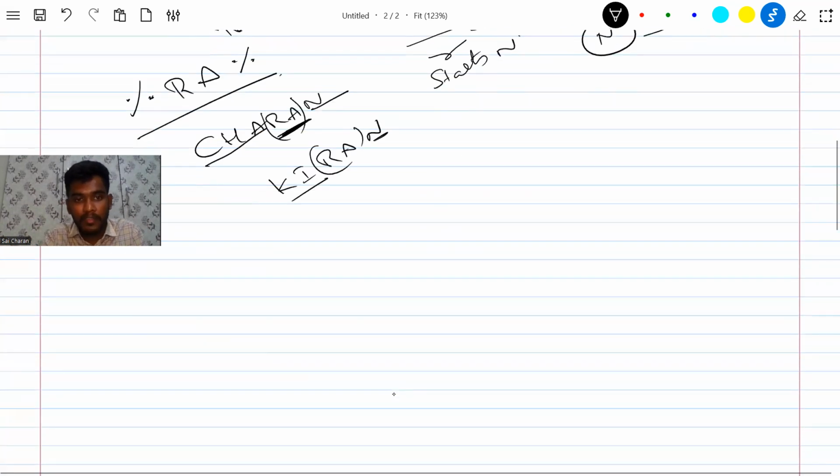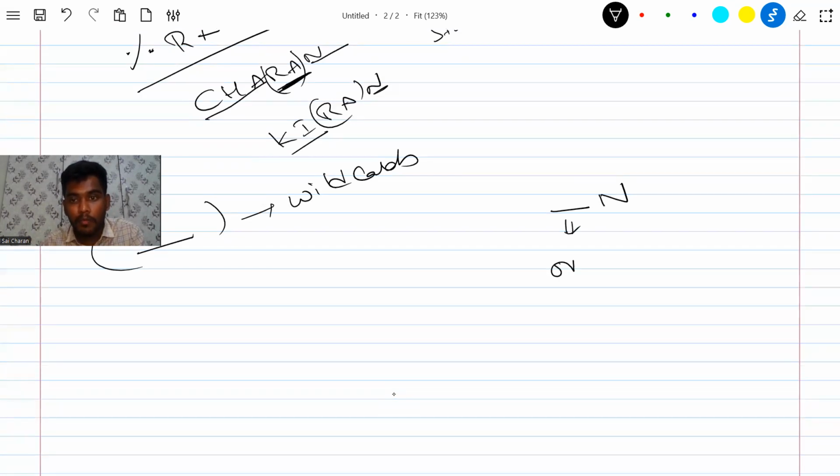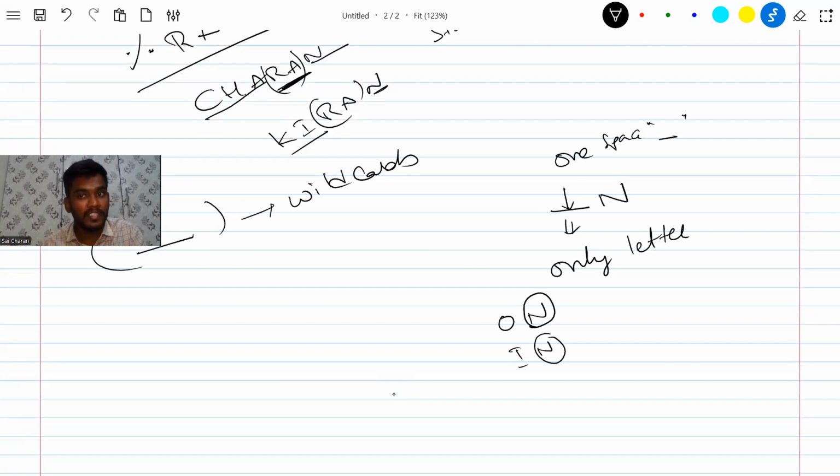The next wildcard is the underscore wildcard. Let's say we write underscore N. There is only one letter before N, so it could be ON or IN. Here it ends with N and there is only one letter. Underscore means one letter.